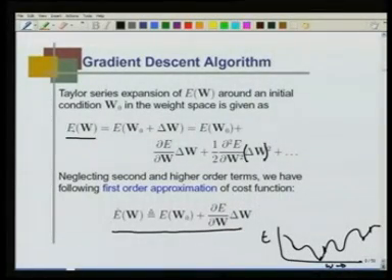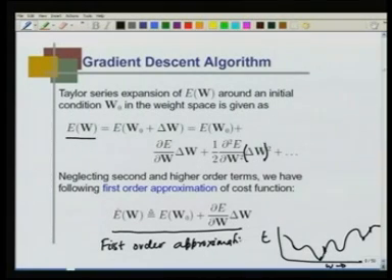So the first order approximation of E(W) is the first order Taylor series expansion, TS, where TS is Taylor series.